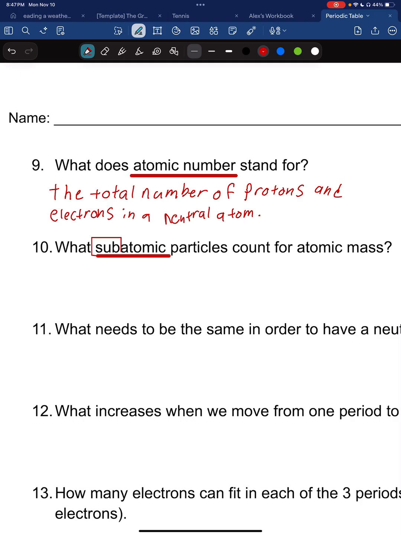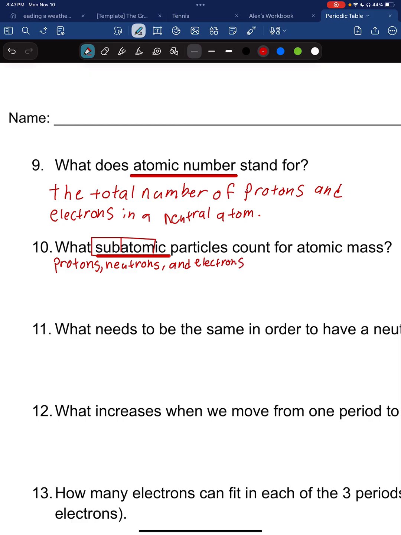Sub means under, marine means water. So if we're talking about subatomic particles, we have parts that are below an atom. That means we're breaking apart our atom into smaller particles. So what this is asking for, the subatomic particles, is your protons, neutrons, and electrons.